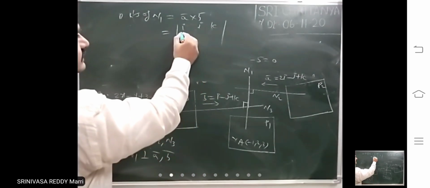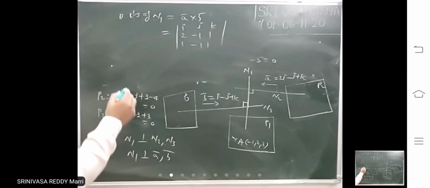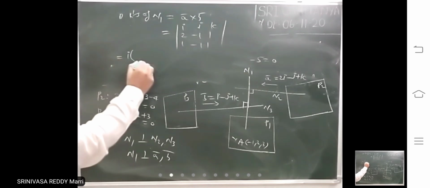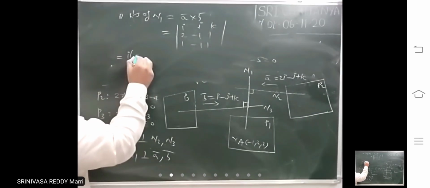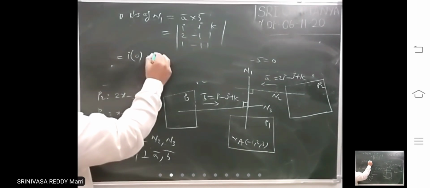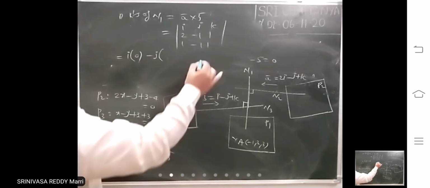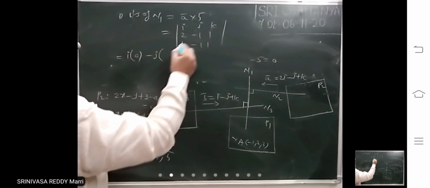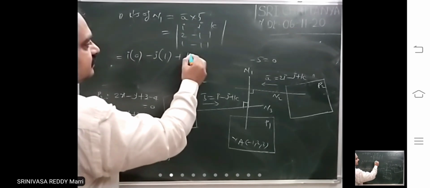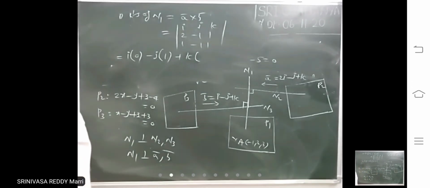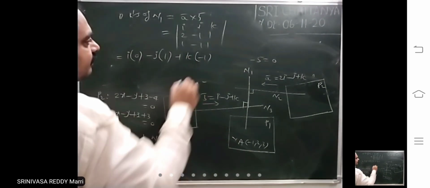i, j, k; 2, minus 1, 1; 1, minus 1, 1. That means i into, look at the same thing, you will get minus 1 plus 1, 0, minus j into 2 minus 1, 1, plus k into minus 2 plus 1, minus 1.